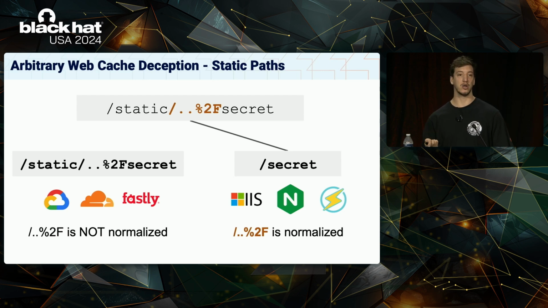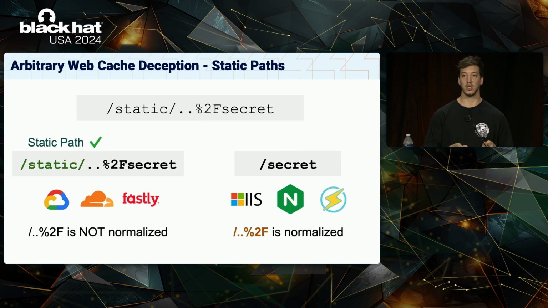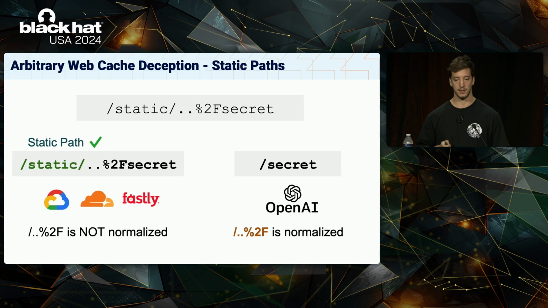So the response is going to be whatever resource we want, in this case secret, and the front end is going to think that this is a static resource because of the static path, and therefore is going to store the response. This vulnerability was found in OpenAI and allowed extracting any kind of token, API token, from any other user we want.